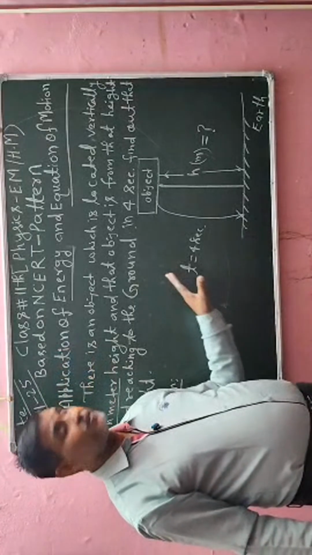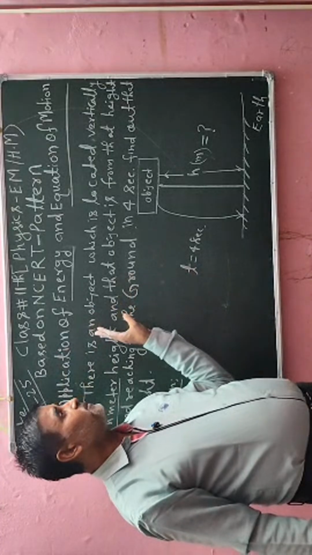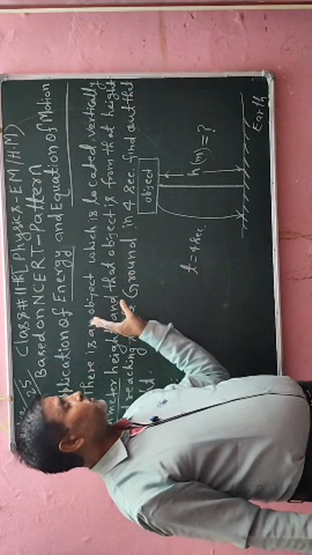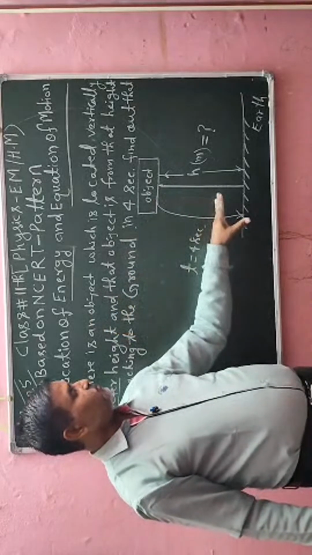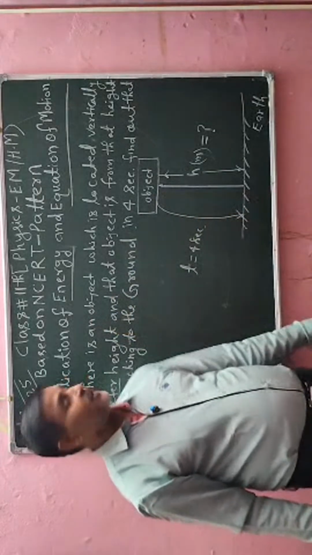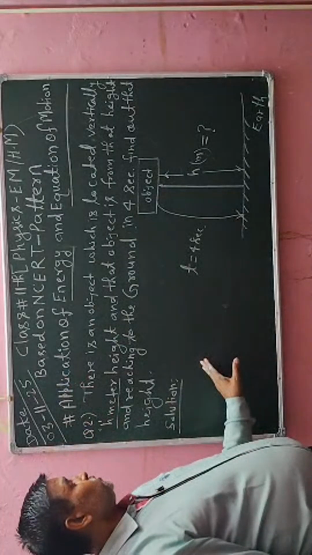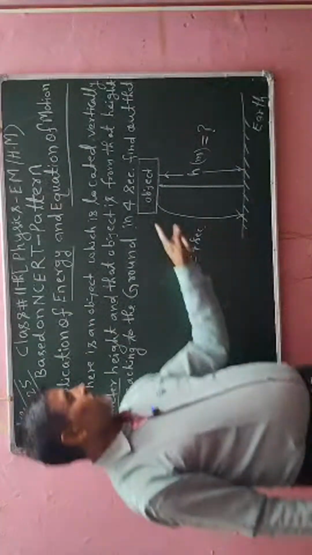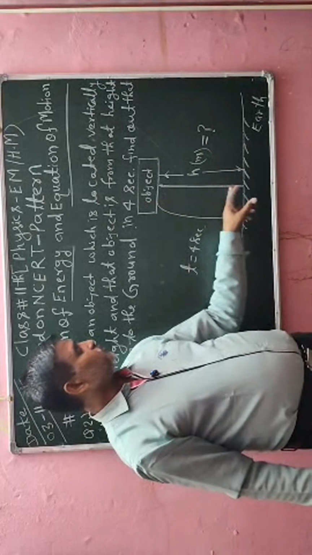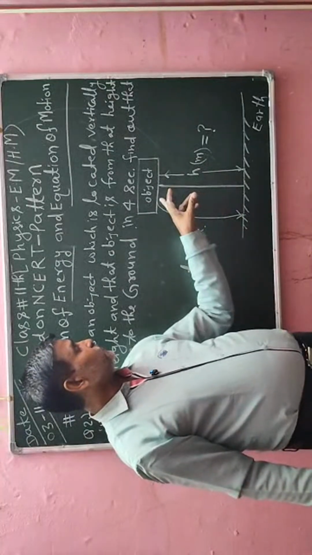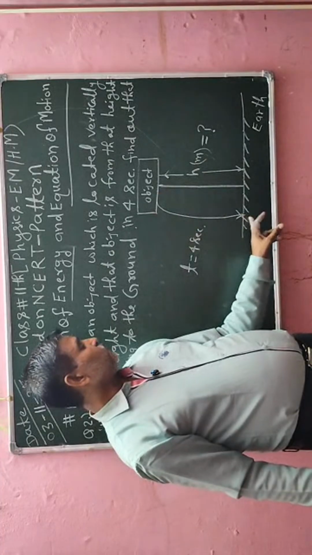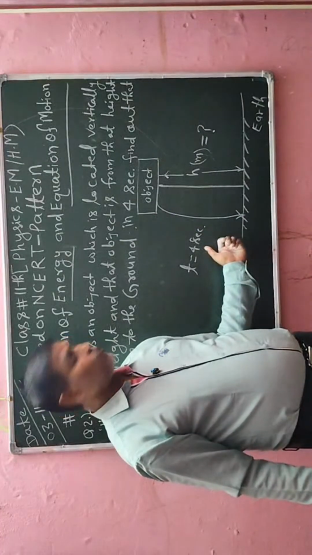These are the informations written in the question in language form, and I have already represented them in the diagram. Here I have assumed one object which is located vertically at h meter height. Now it is falling from that point to the earth in 4 seconds.